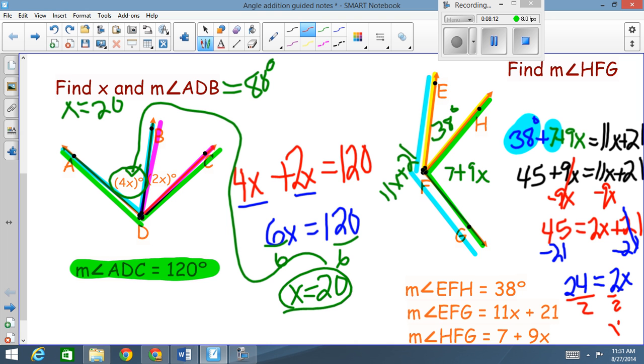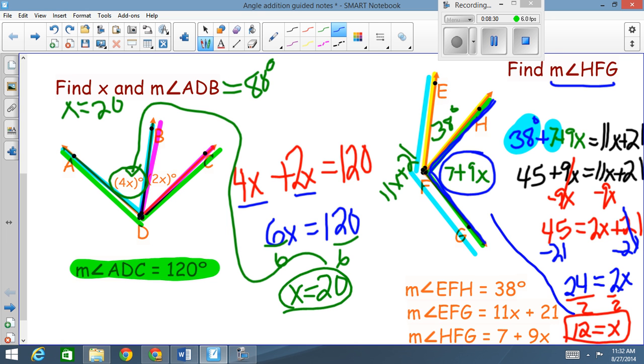And x is 12. So that's good, but I'm not done because my goal was to find the measurement of angle HFG. Well, angle HFG is this one right here. Take that 12, plug it in there. 9 times 12 is 108. 108 plus 7, 115 degrees.